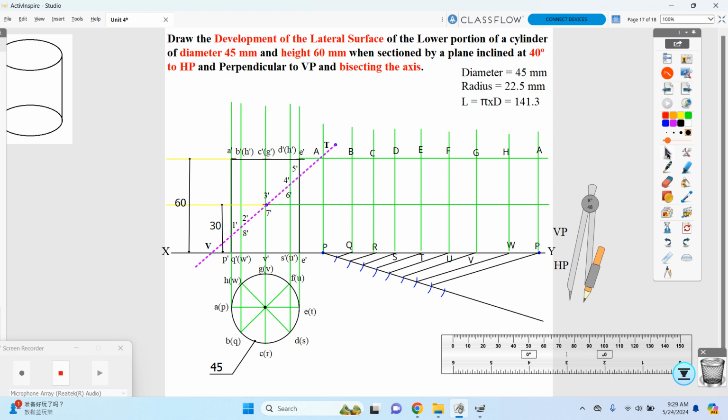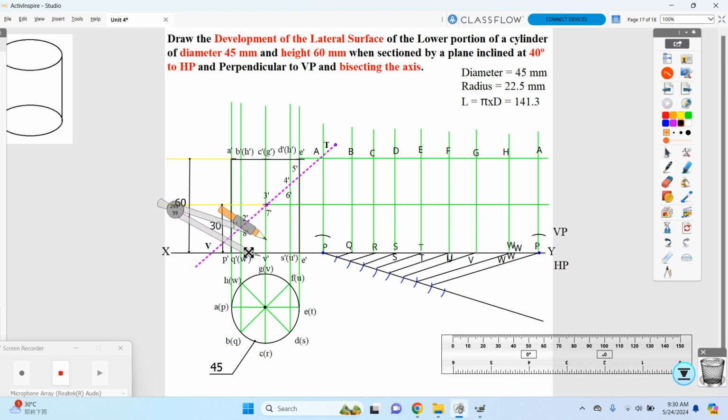Now take your compass, keep it at point 1, measure the distance and keep it on the first point and cut an arc. Similarly, keep it on P point and cut an arc.